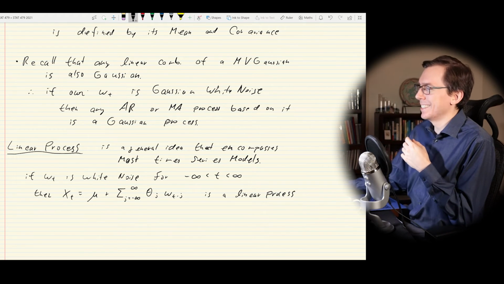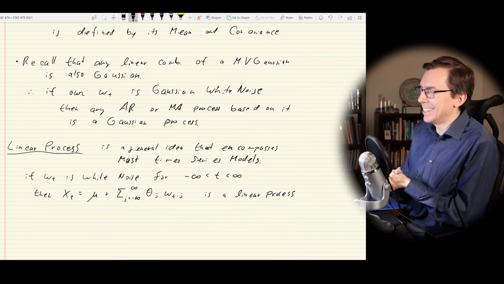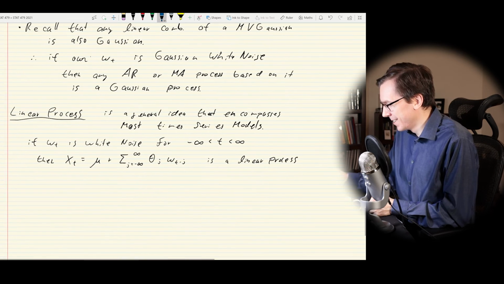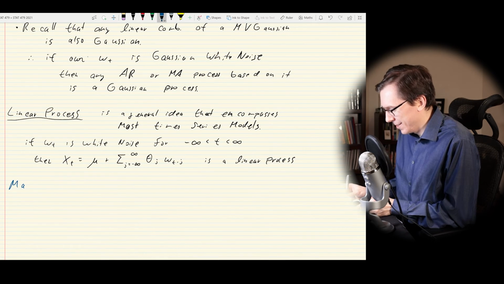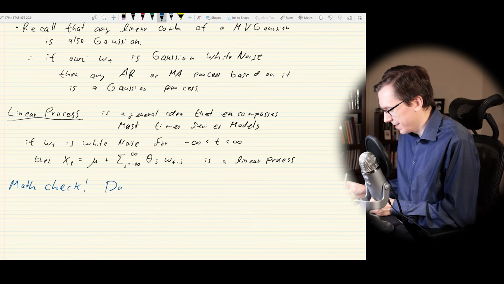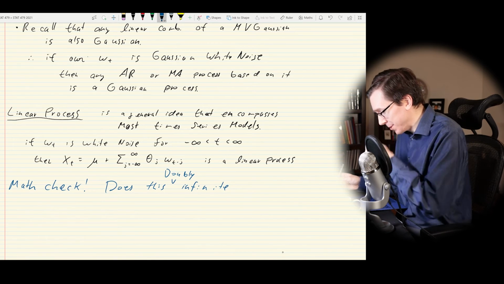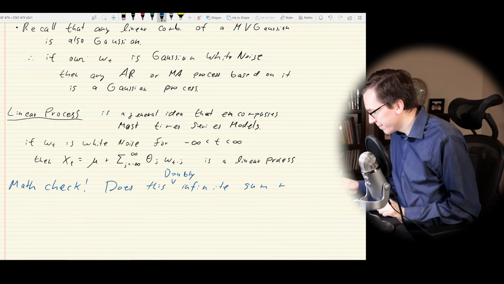So the first question, if you want to be a good mathematician, is does this even make sense to write down? We'll say math check. Does this infinite, I should say doubly infinite, sum make sense?